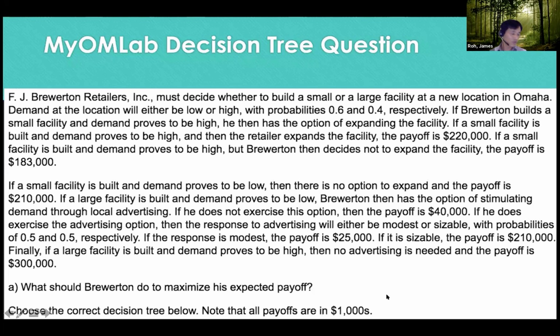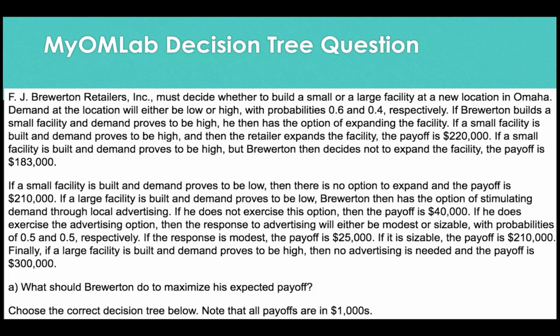So this is from my OM lab, and can I ask Pat Agar to read this question for us aloud? Sure. FJ Brewerton Retailers, Inc. must decide whether to build a small or large facility at a new location in Omaha.